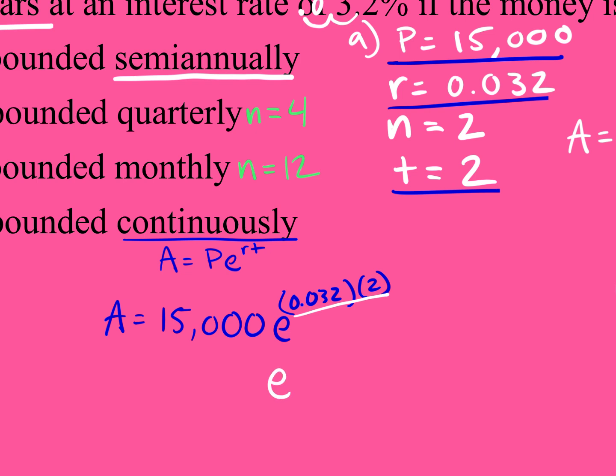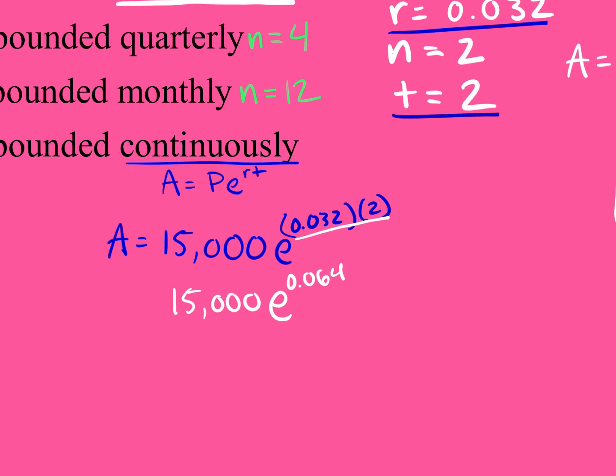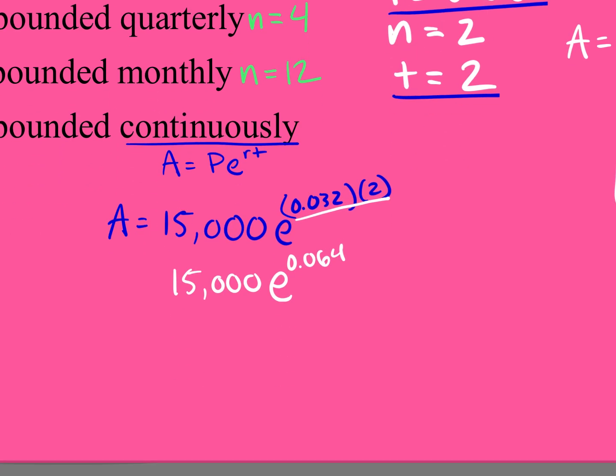So we have E to the power of 0.064 times 15,000. But next I'm going to do the E to the power of 0.064. So that should give us 1.06609. It keeps going, but I'm going to leave it in the calculator for the last step.